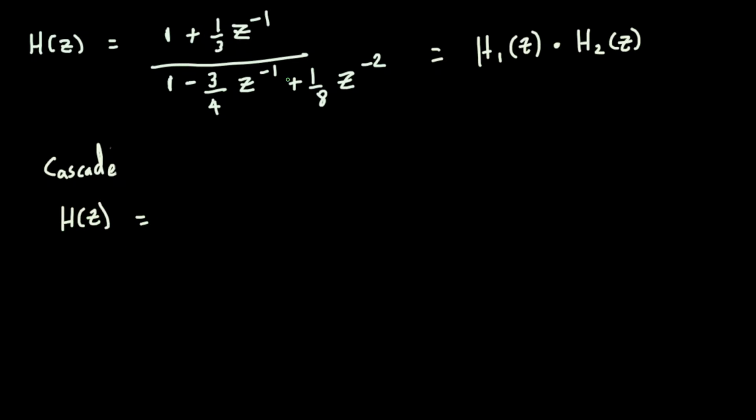we first have to factor the denominator. We have to factor this one. Here you see we have minus 3 by 4. If I add two terms, I have to get minus 3 by 4, and when I multiply, I have to get 1 over 8. To get that one, what numbers can we combine?